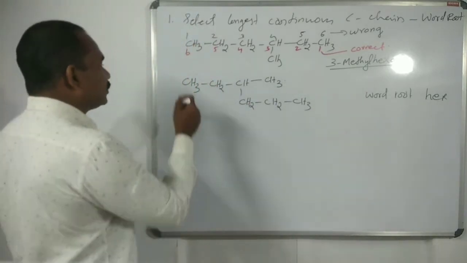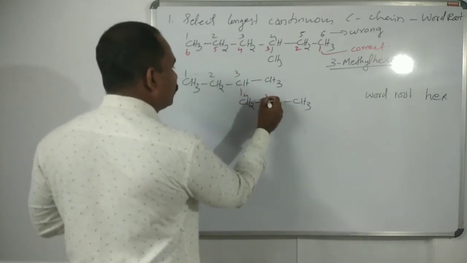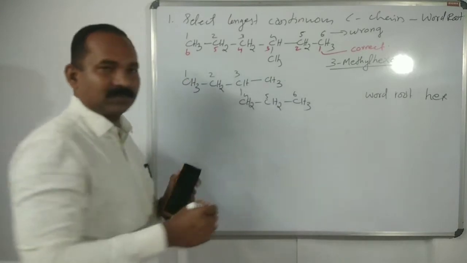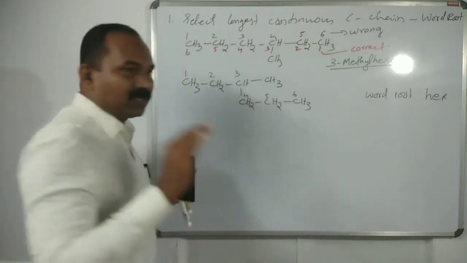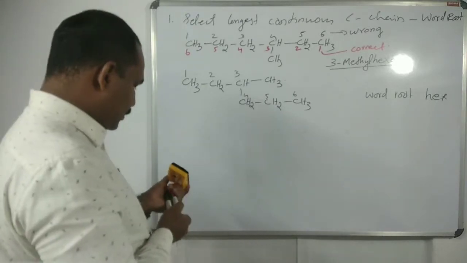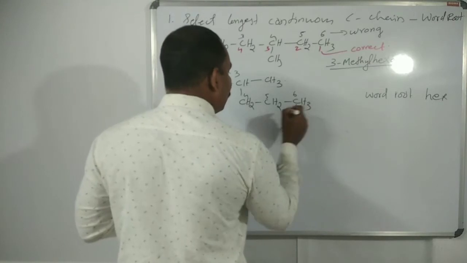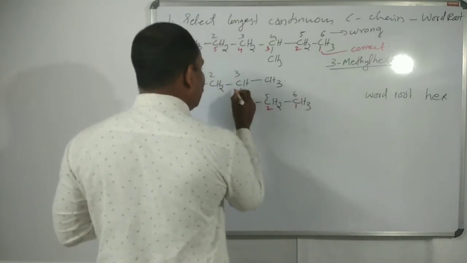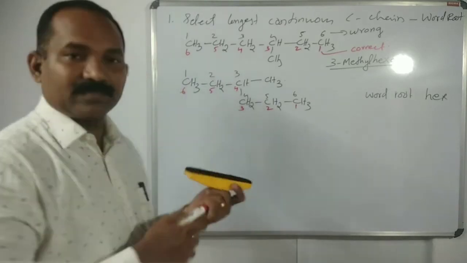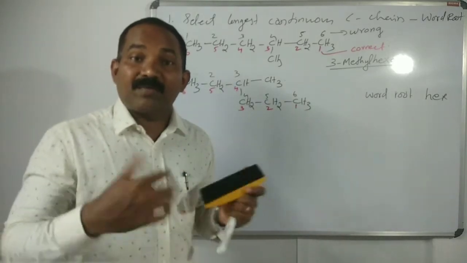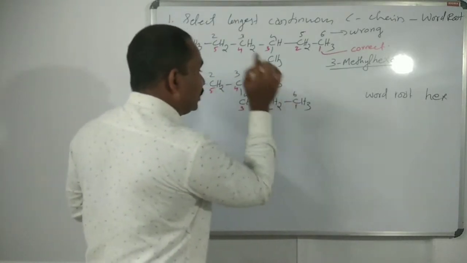First numbering 1, 2, 3, 4, 5, 6, because that is the straight, longest hydrocarbon chain. And from right to left, 1, 2, 3, 4, 5, 6. Which numbering is correct? Left to right is correct.